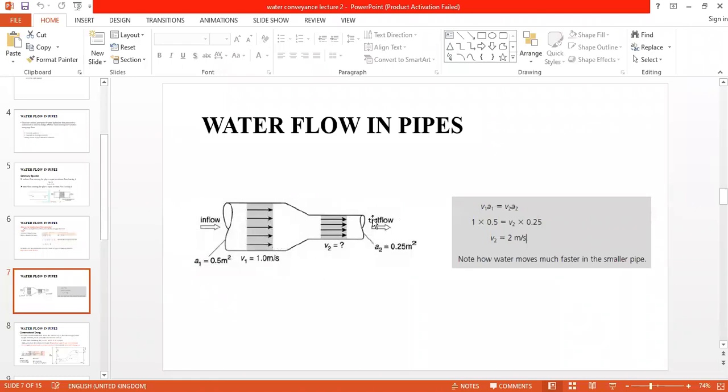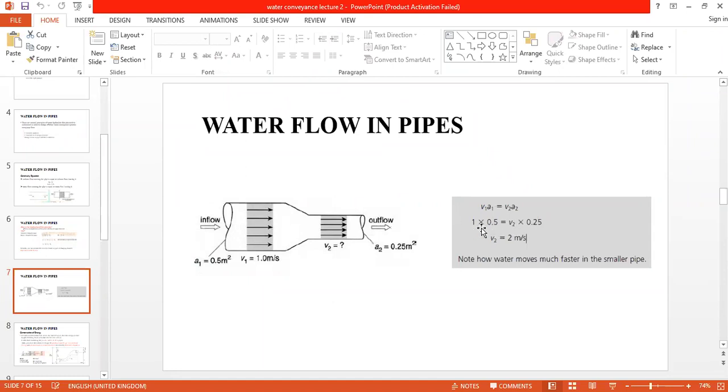But now at the exit here, we've decided to reduce the size of the exit to 0.25 meters squared, meaning that for the discharge at this point to be equal to the discharge at this point, the velocity at which the water is moving should be increased. So in this case, we have to solve for V2.